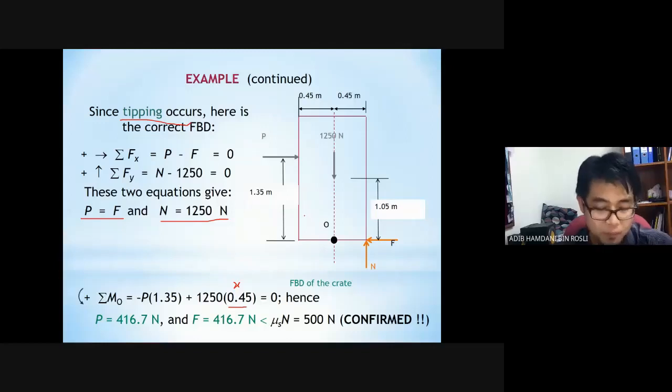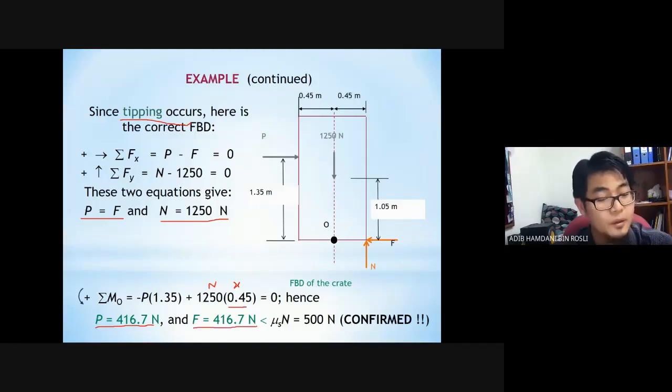Of course, check my plus and minus here for the rotation of the moment, whether it's counterclockwise. And then N, your N here is 1250, right? Times the 0.45, which is the X, okay? And then equals 0, and then you got this P max equals 417 Newton.